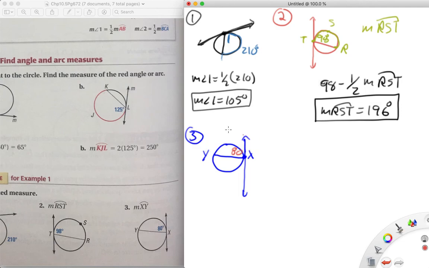They want to know what the measure of arc XY is. So how much is this guy right here? Okay, using the same equation, 80 degrees is equal to 1/2 the measure of XY. Multiply both sides by 2, the measure of XY is equal to 160 degrees.